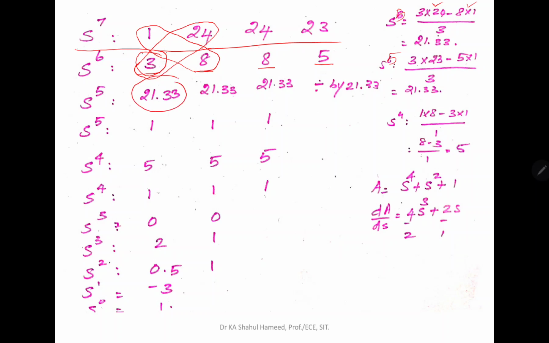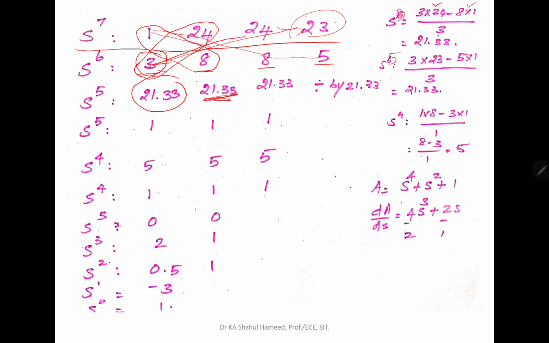The second one is again we have to multiply this one. This can be determined by multiplying 3 and 24 minus 1 into 8, divided by 3. Similarly, for this one, 3 into 8 minus 1 into 5 divided by 3.